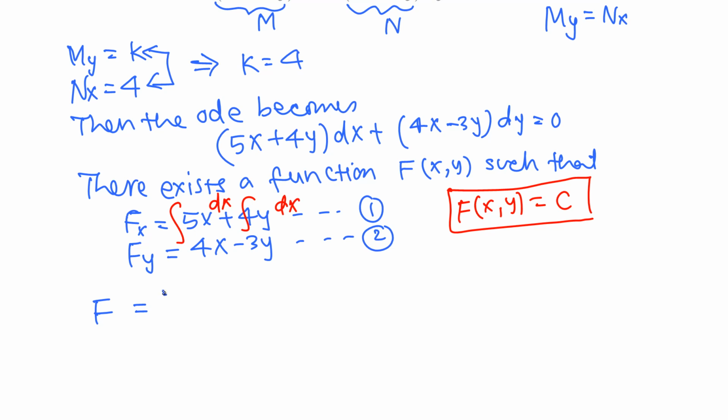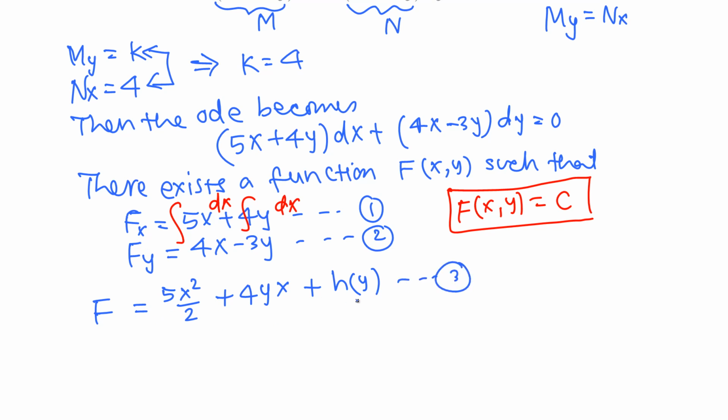So 5x squared over 2 plus 4y will be constant with respect to x, so 4yx, plus a constant, but that constant could be a function of y, so we write just h(y). It can be a pure constant, a number, or it can be a function of y as well, because we are assuming y is a constant. These are partial derivatives. Equation 3.